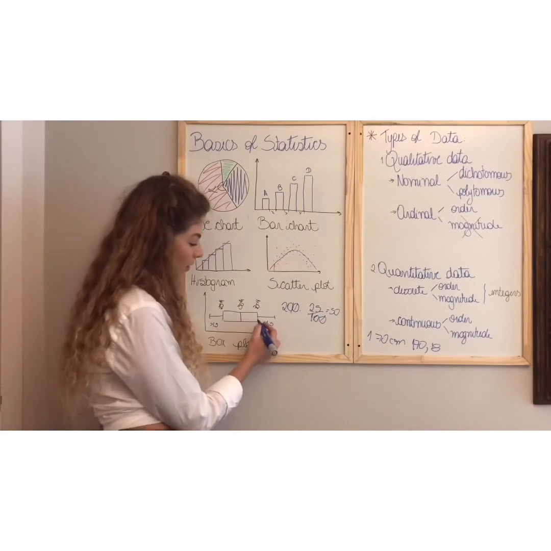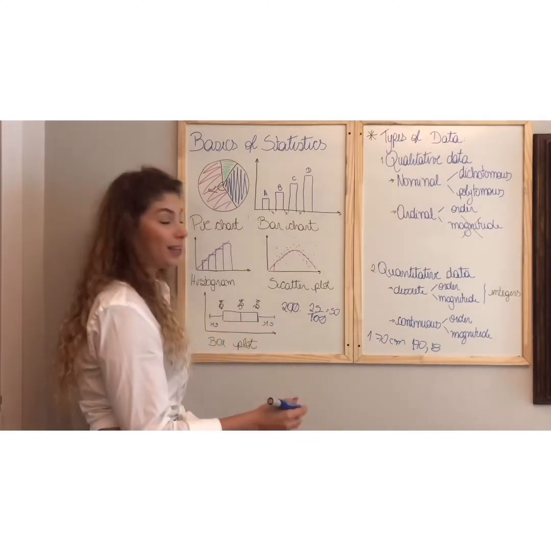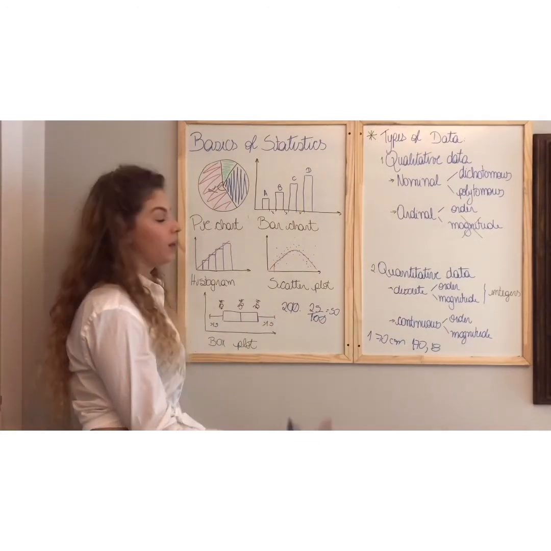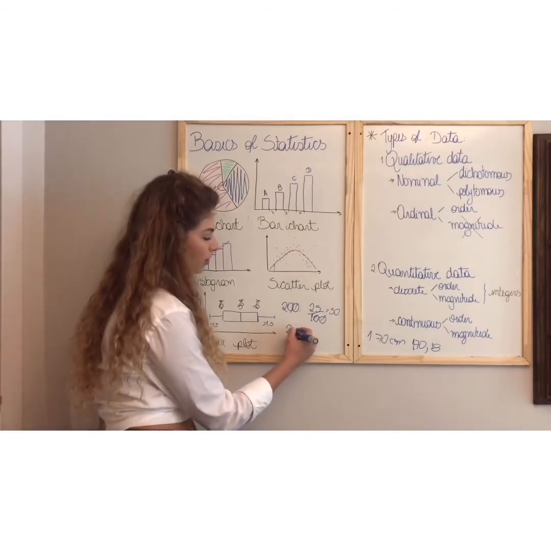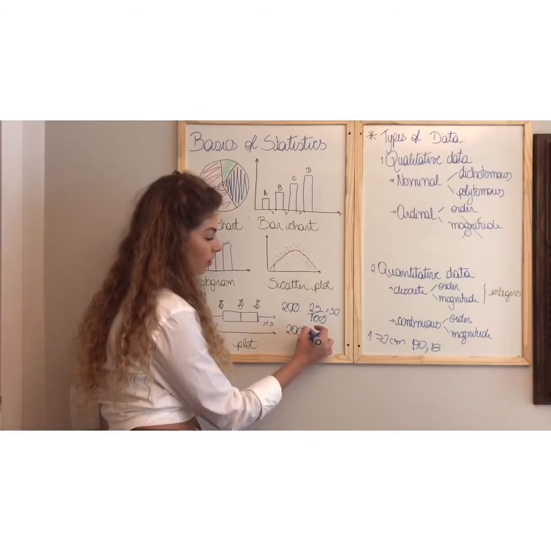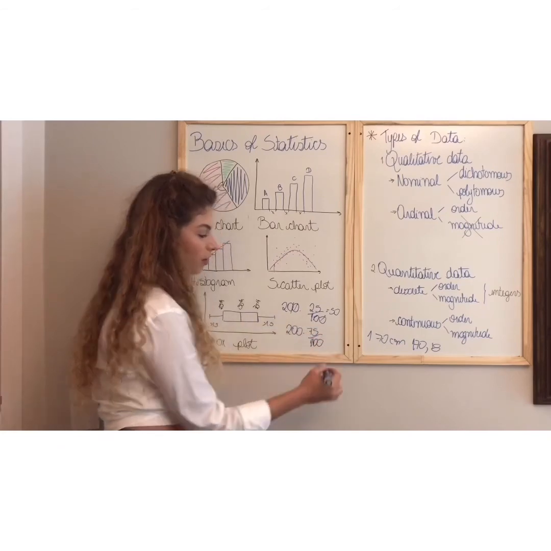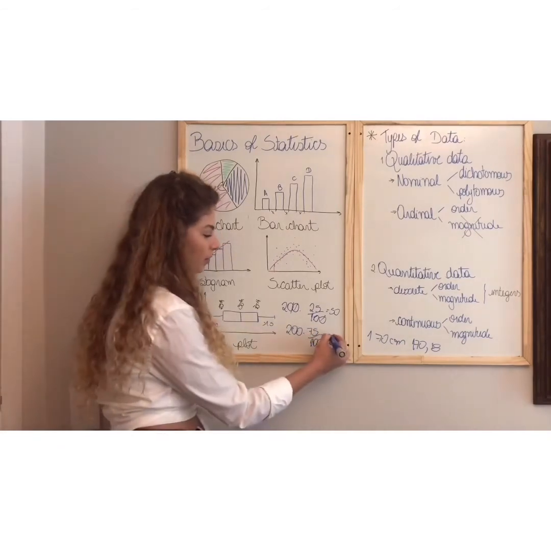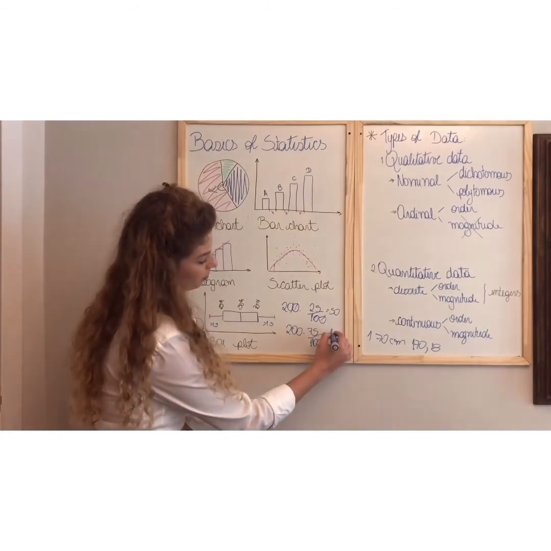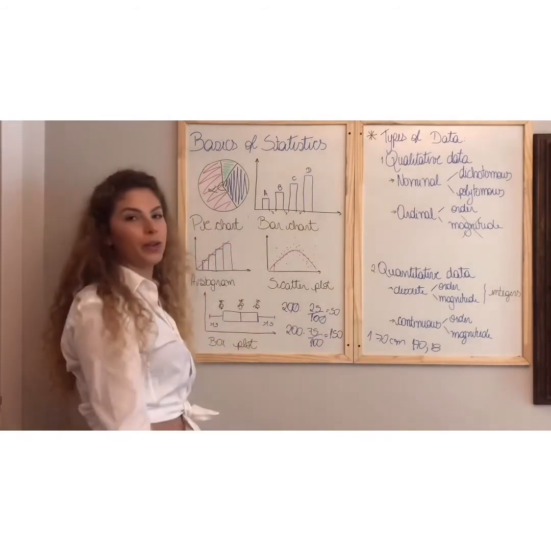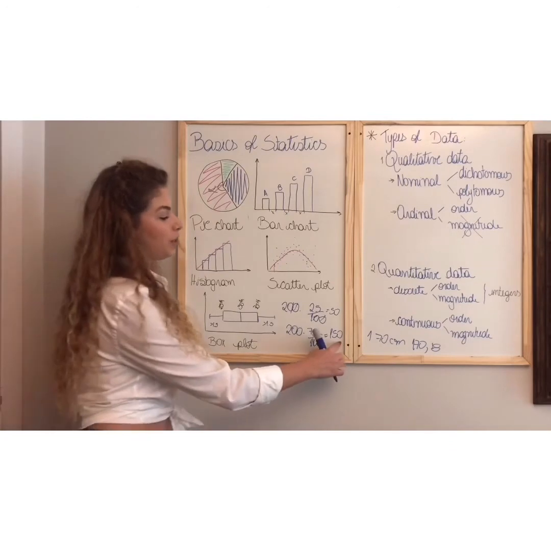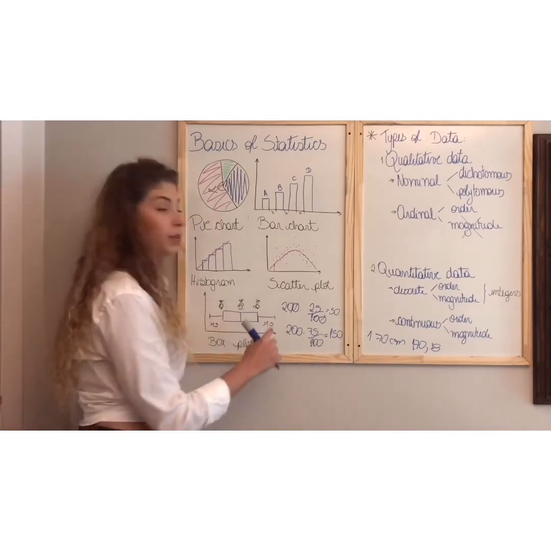Then this other line represents my 75th percentile, and the same thing: 200 times 75% gives 150. So this subject here would represent my 75th percentile.